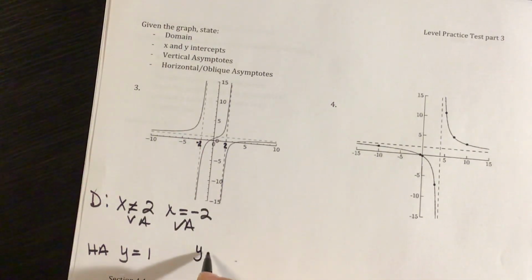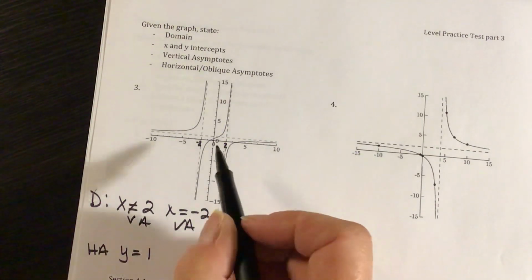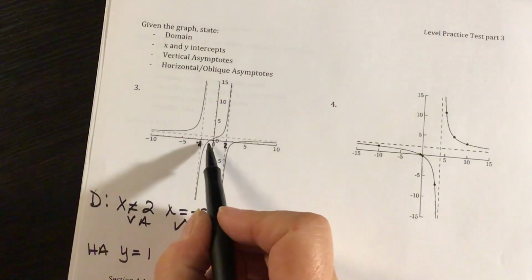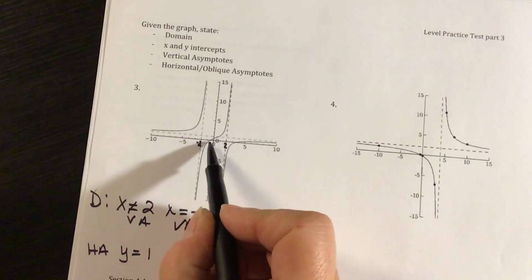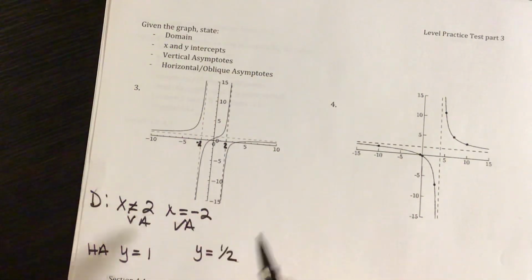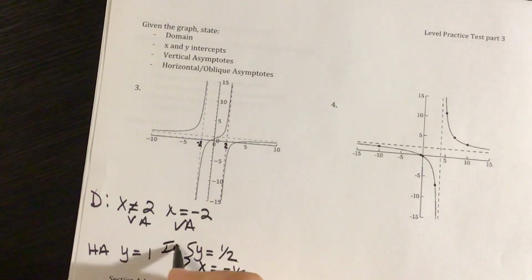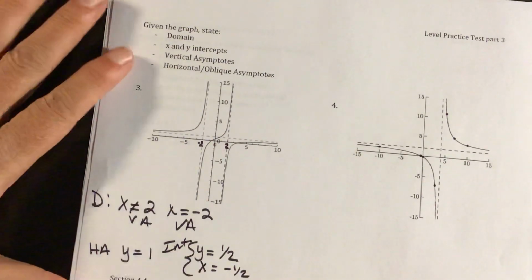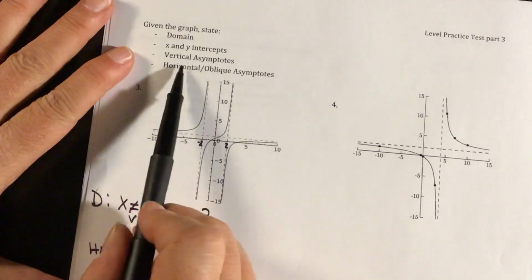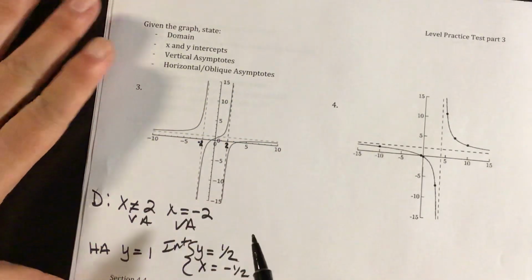So y-intercept at 1/2. And my x-intercept is over here, and it looks like that might be at -1/2. So these are my intercepts, x and y, and the vertical and horizontal asymptotes.